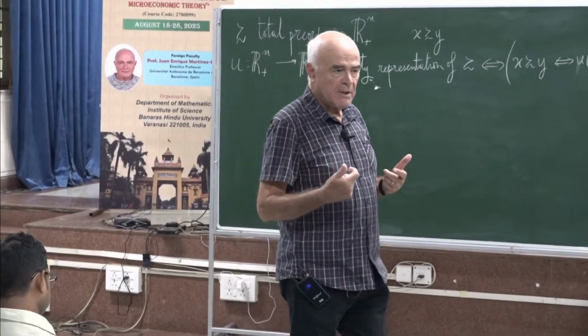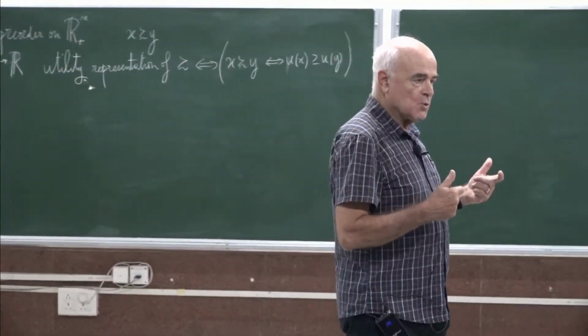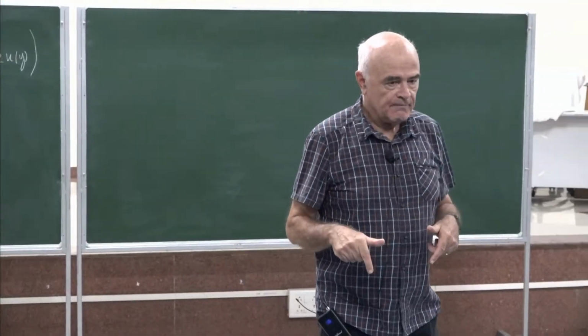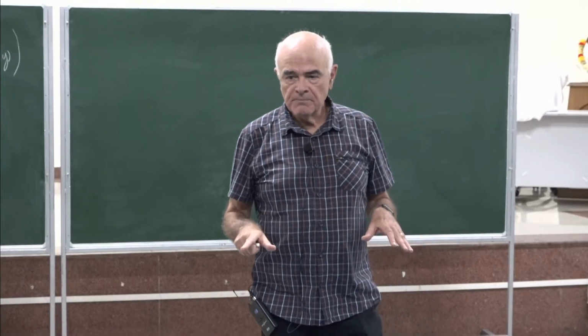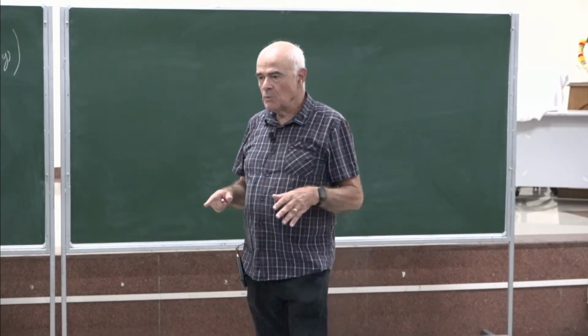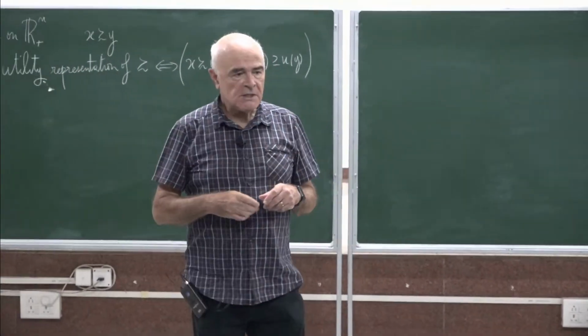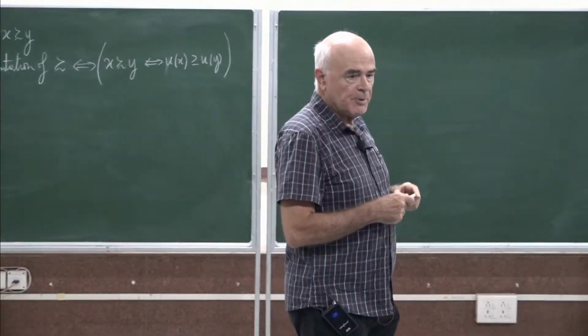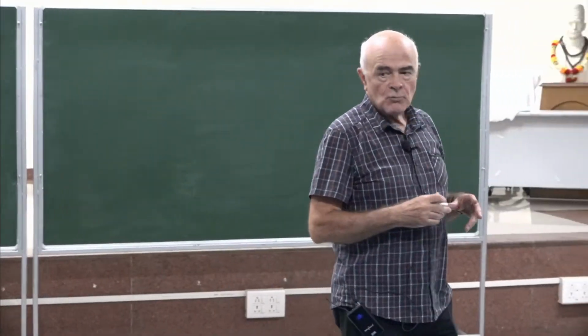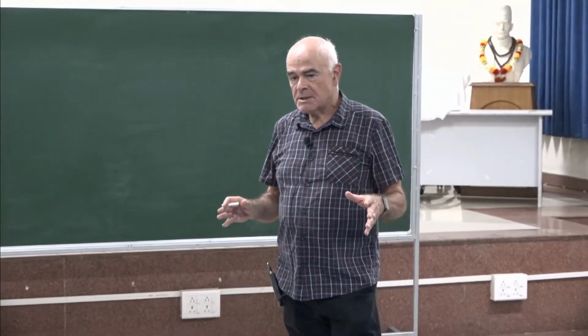Its graph being the set of pairs xy such that x is preferred to y. This is a deep theorem, not very easy to prove. If you remove this assumption of continuity of the preorder, no utility representation may exist.